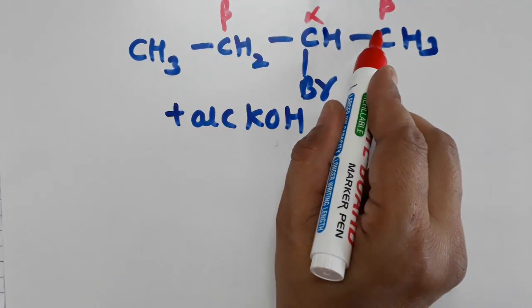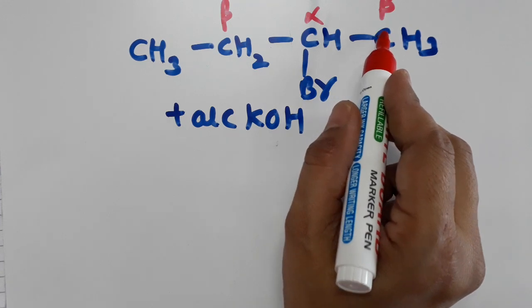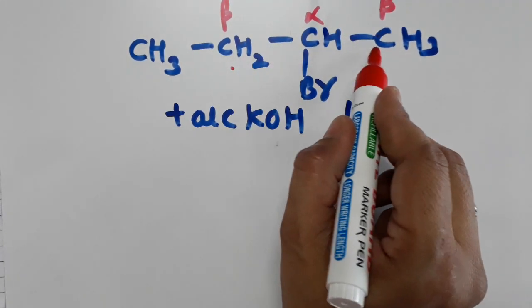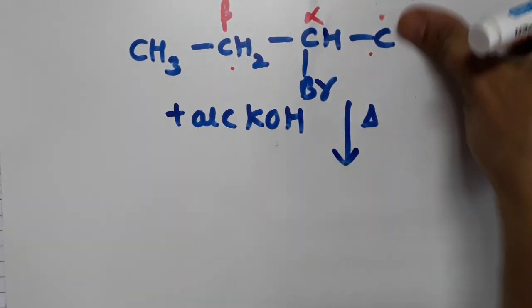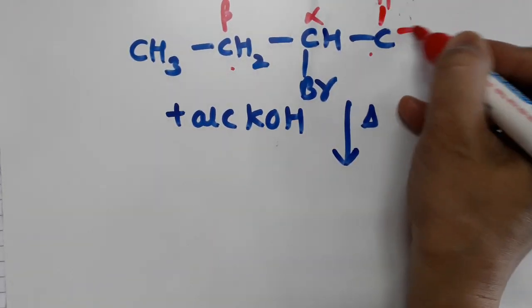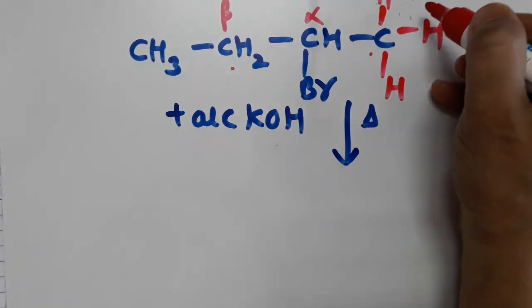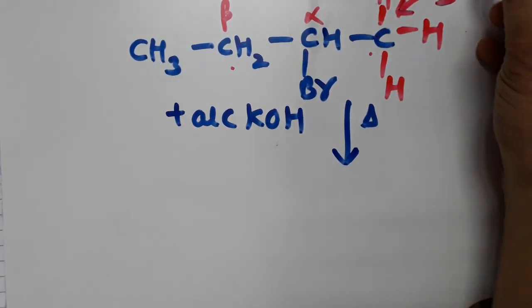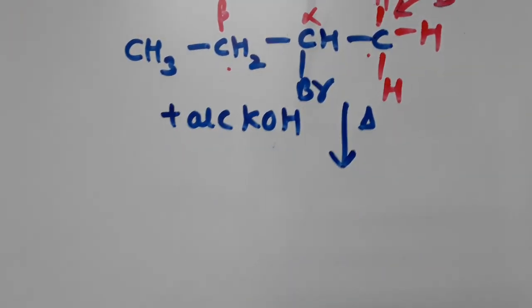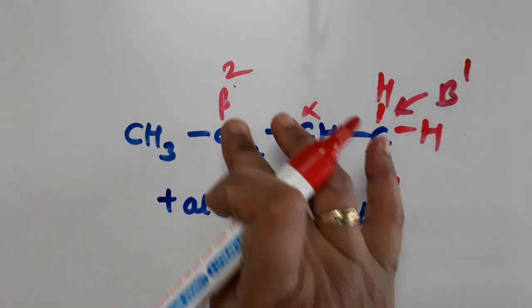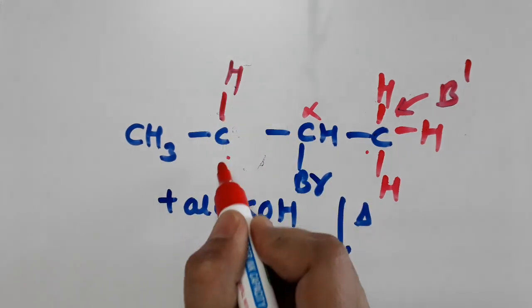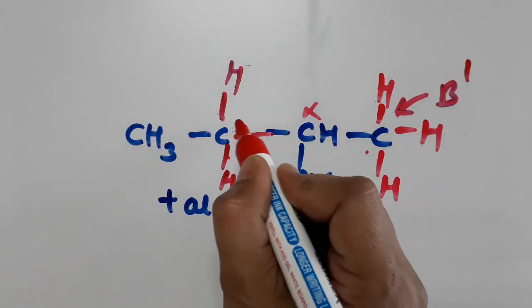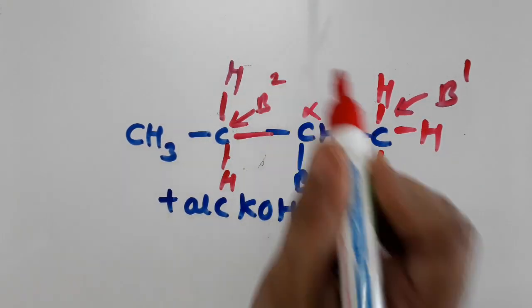So there are 2 beta carbon atoms. It means there will be 2 options from where the hydrogen can come out. So if I write it in this way, H, H, H, this one is beta 1 hydrogen atom, and this also, H, H, and this is beta 2 carbon atom.